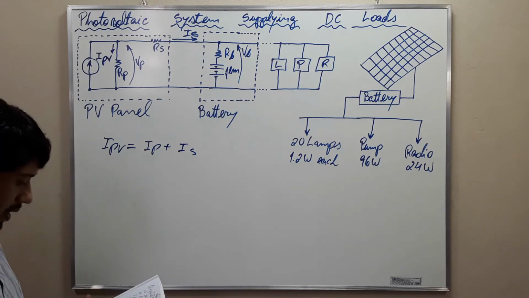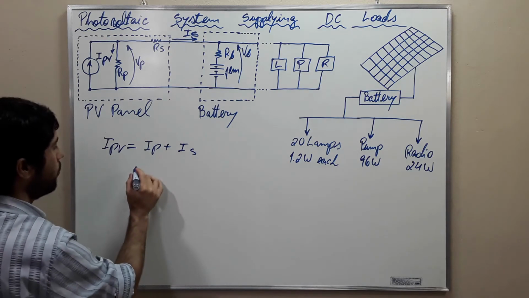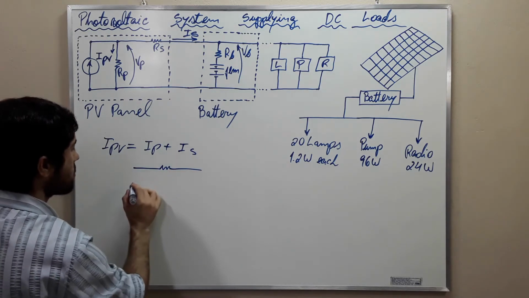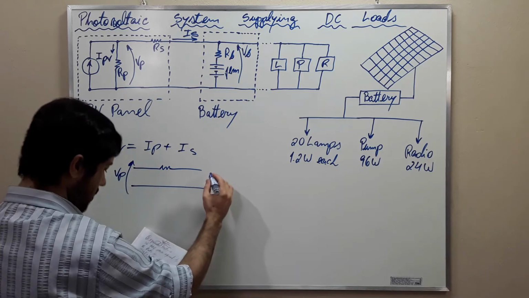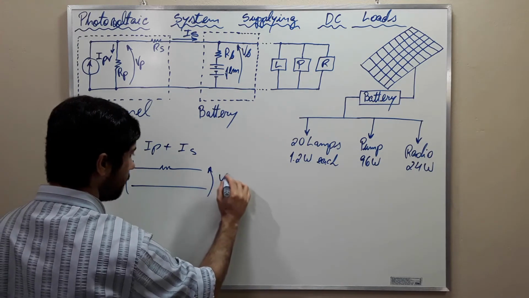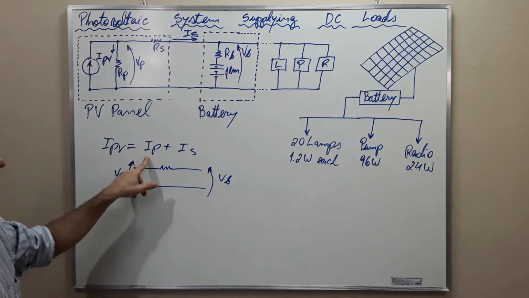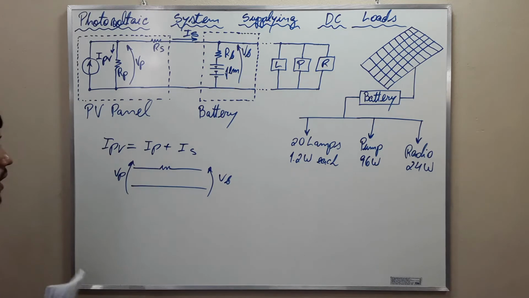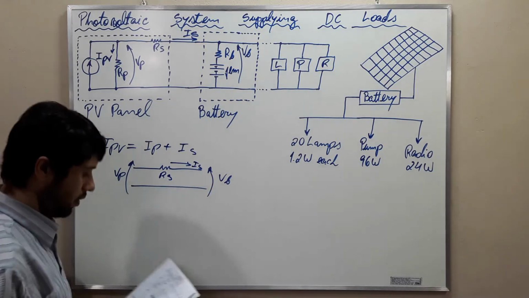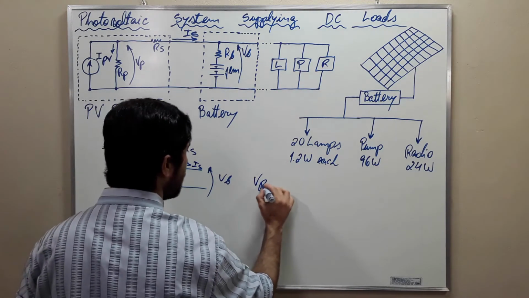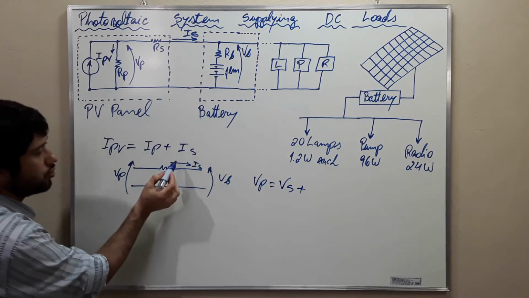Okay, but how do we calculate this? Here we have VP, and here VB. We're going to need the value of VP to calculate IP. Then here it is RS and here IS. And we get that VP is equal to VS plus VB, where VS is this voltage drop here.